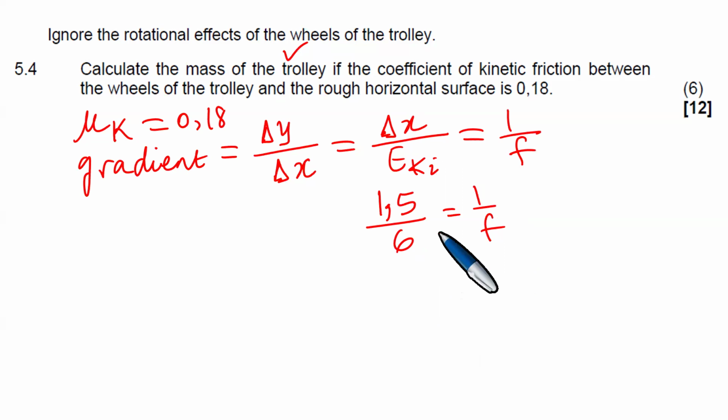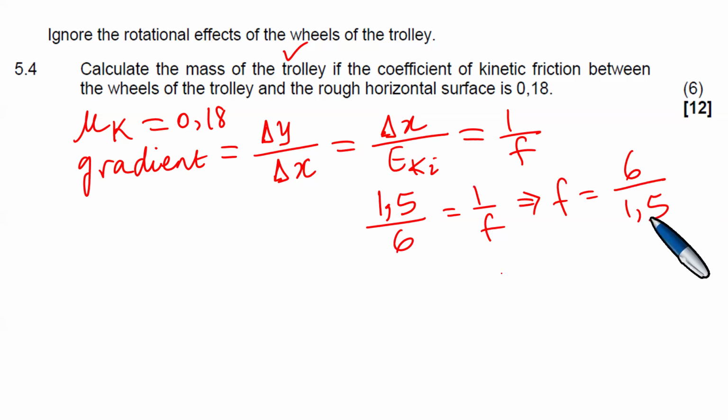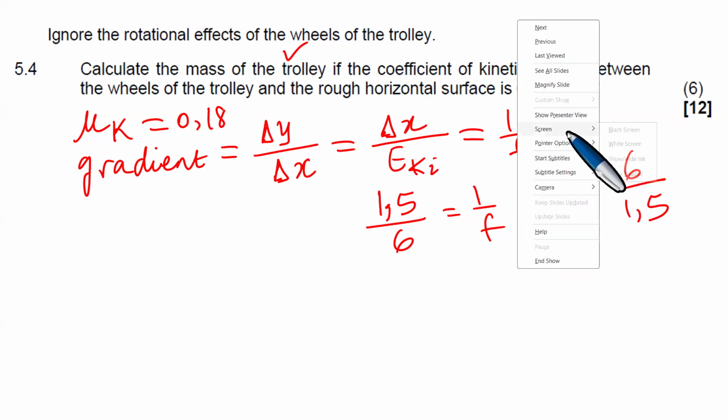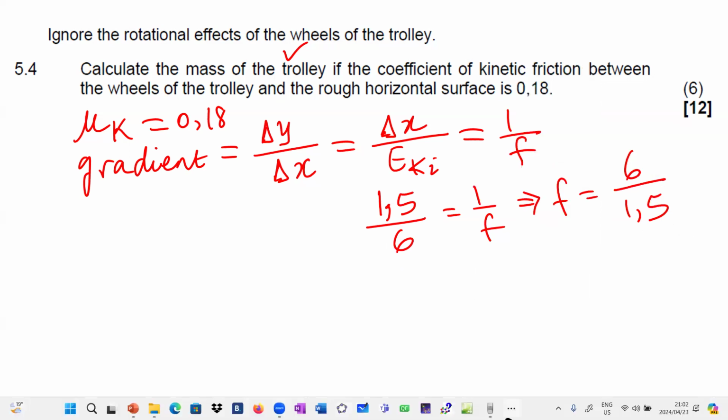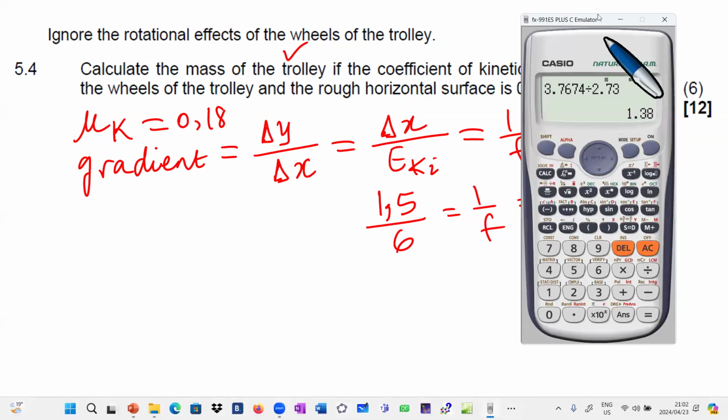Now, with this then mentioned, we need to solve for F. Right, so to solve for F, you take the reciprocal of this. This is 1 over F, so the answer becomes 6 over 1,5. Right, so now you consider this one, and you bring the calculator here.